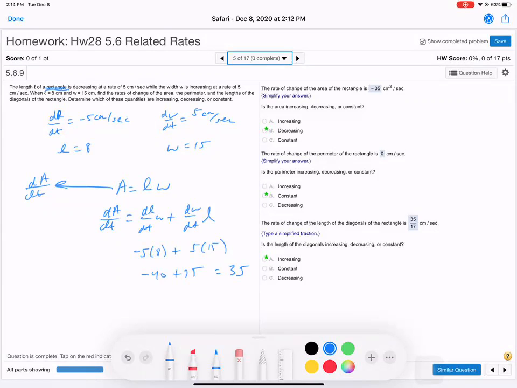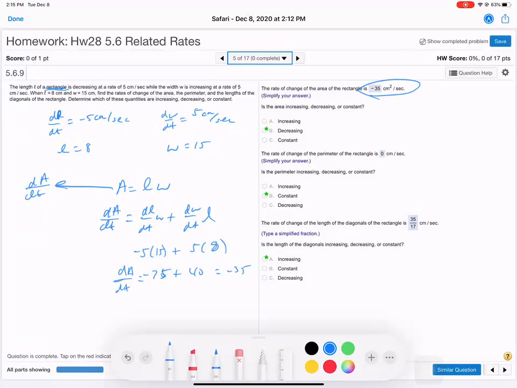That's a negative, but you put it equals positive 35. Oh, I know. I plugged in the wrong numbers. I plugged in W is negative. W is 15, and L is 8. I copied the wrong numbers. I flipped them around. That's why. And we can see that this is negative 75 now. Sorry about that. And this is 40, and then we're at negative 35. And that's dA over dt. Okay, that's what they want to hear.